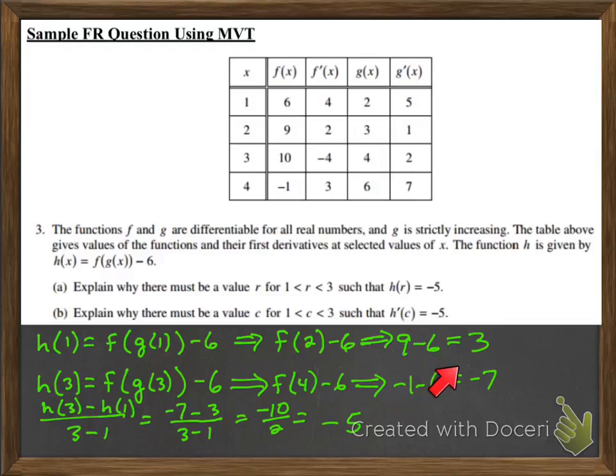So if you look at the 2 points, one of them has a y value of 3, the other one has a y value of negative 7. So do we have to have a y value of negative 5 somewhere on that function between 1 and 3? That answer is yes, because of the intermediate value theorem, or IVT, because negative 5 is between negative 7 and positive 3.